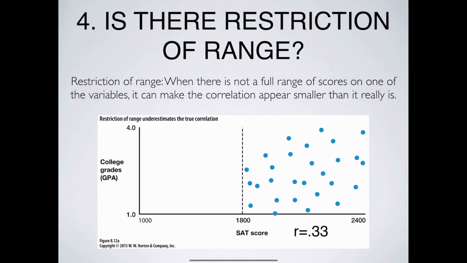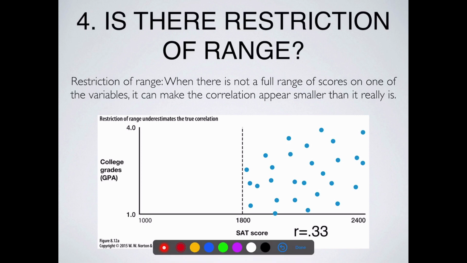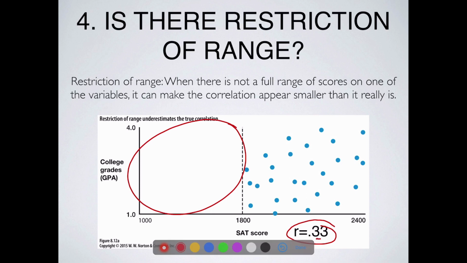Okay, so now a fourth thing to keep in mind is, are there any issues with restriction of range? When we're dealing with restriction of range, what we're dealing with is missing data. Taking this for example, here we have an effect size or correlation coefficient of 0.33. According to our criteria, that would be about a medium effect size.